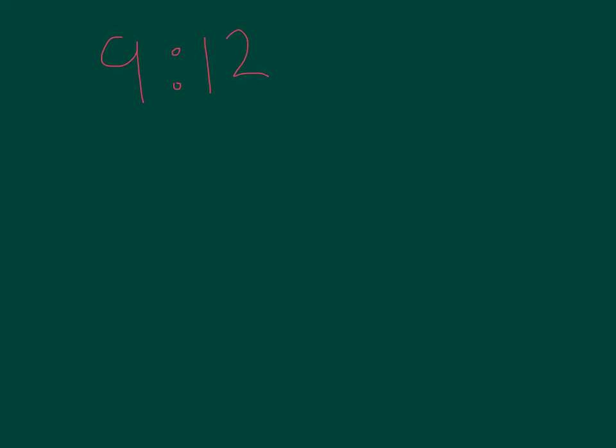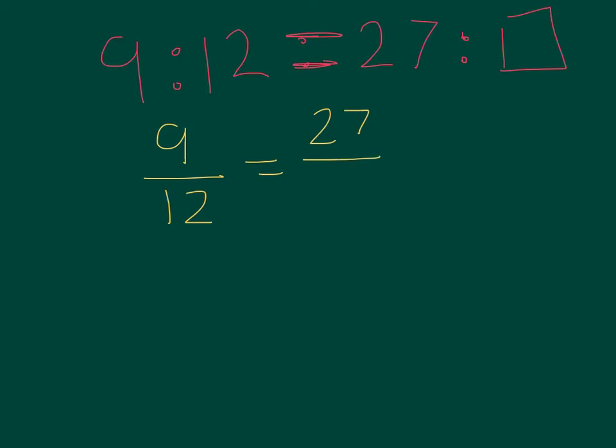And so if I wanted to do 27 to the ratio of an unknown number. So again, you take your ratio, you turn it into a fraction. So I'm going to go ahead and go 9 over 12 equals 27 over, and because it's an unknown number, we're going to use the variable, and we're going to say the variable is x.